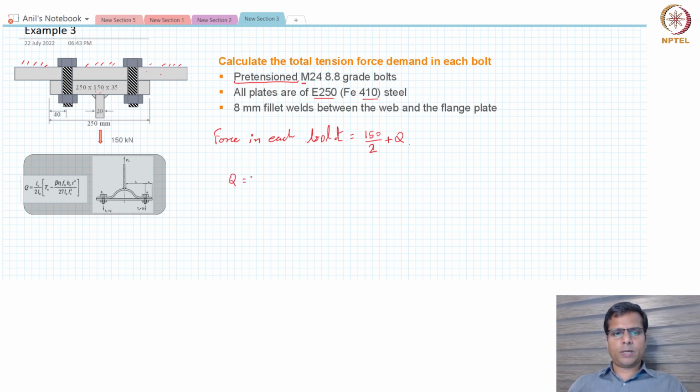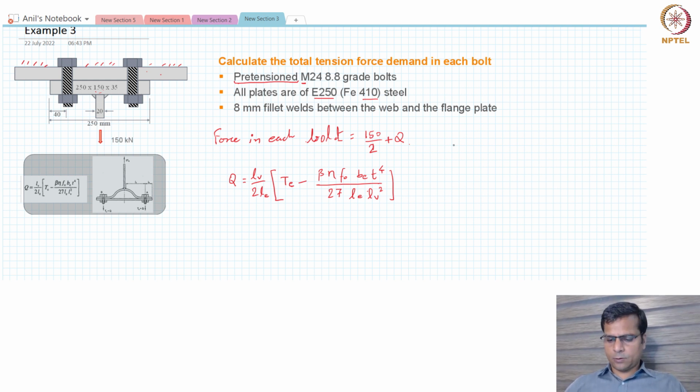Q value will be given by LV divided by 2LE. TE is actually the force in each bolt without accounting for the prying action, minus beta eta F0 BE T to the power 4 divided by 27 LE LV squared.